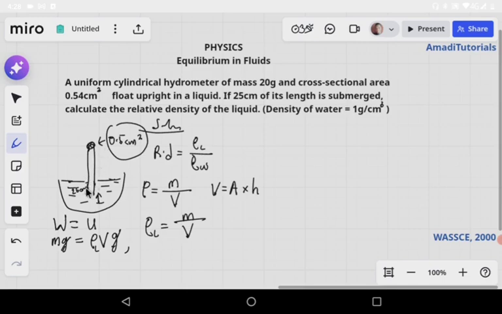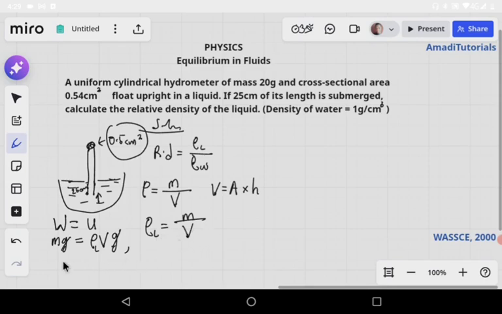We are only using the volume of the part that has been submerged, because it is the part that has been submerged that has displaced the liquid. Archimedes' principle states that when a body is wholly or partially immersed in a fluid, it experiences an upthrust which equals the weight of the fluid displaced. So we are still saying the same thing.